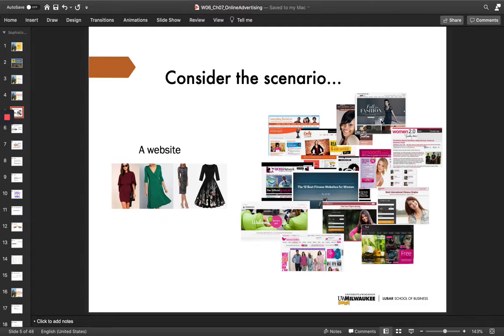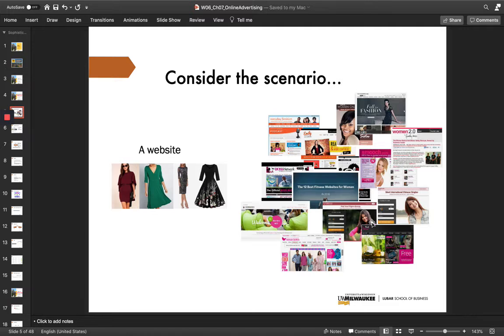And the right side would be hundreds, thousands, or hundreds of thousands of different websites that could be the platform to display the advertisement of your company.